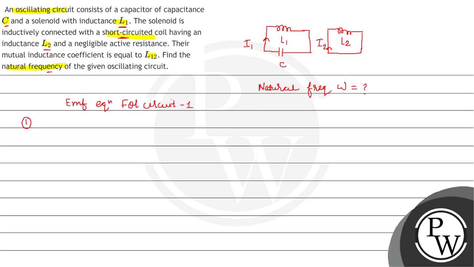Firstly, according to Faraday's law of electromagnetic induction, the induced EMF in a coil is given by E_L is equal to minus L di by dt, where I is the current in that inductor itself, and L is the self inductance.